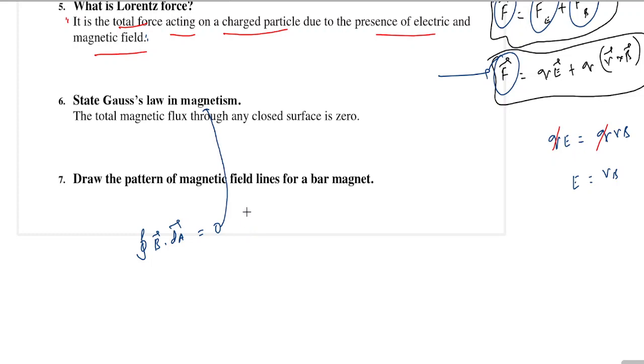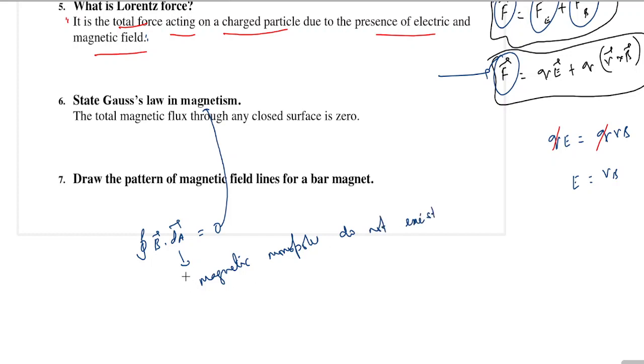Again here, a question which could be asked is, what is the significance of Gauss law in magnetism? In such a case, we can say that since the total magnetic flux is equal to 0, it implies that magnetic monopoles do not exist.